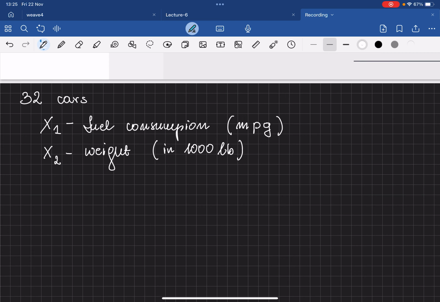We have also x3, the number of cylinders in the engine, and x4, the number of carburetors.